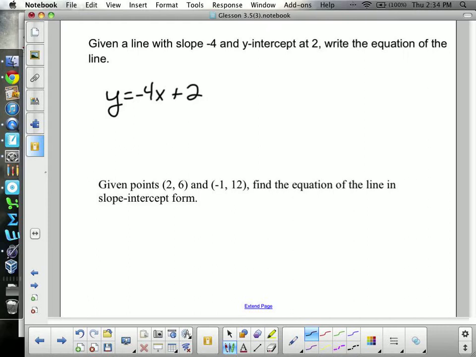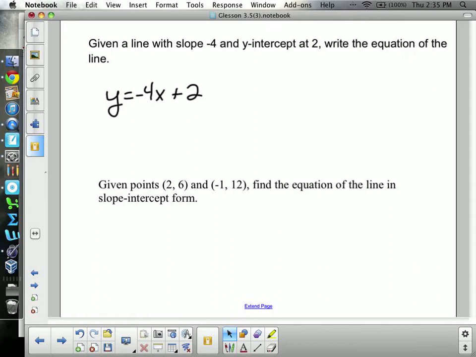Given points 2, 6, and -1, 12, find the equation of the line in slope-intercept form. Ooh. Now, all of these equation of the line problems come down to pretty much the same thing. You need a point on the line, and you need the slope of the line. And finding the slope we talked about yesterday, there are 5 different ways to find the slope.